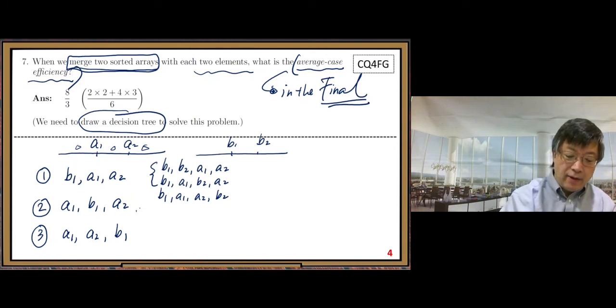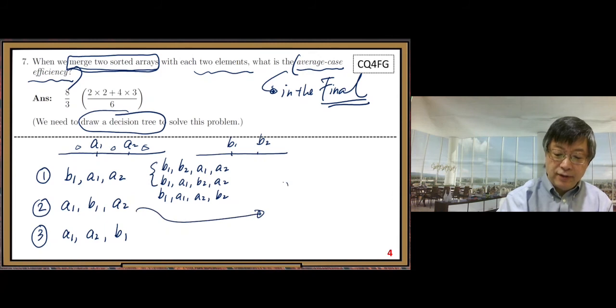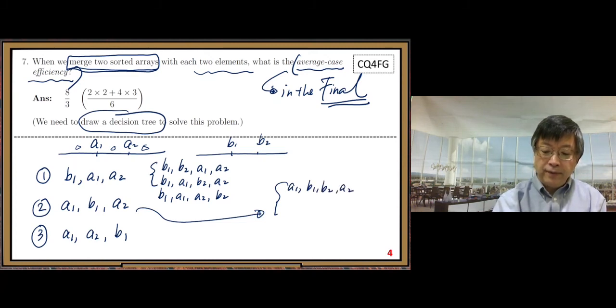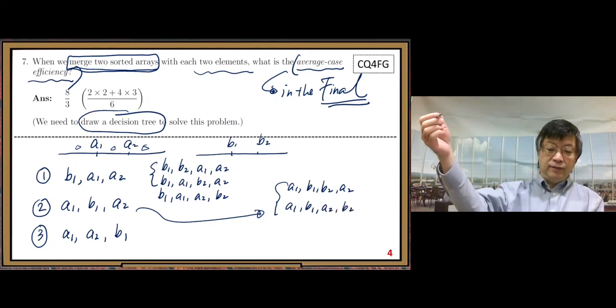Then look at the next case: A1, B1, B2, A2. And A1, B1, A2, B2, right? That's all we have.